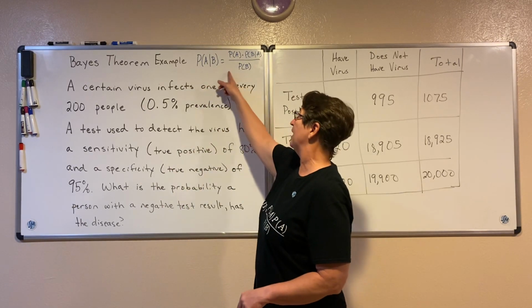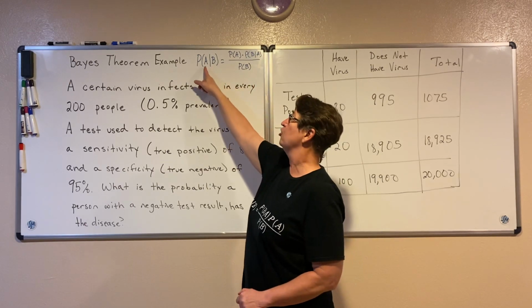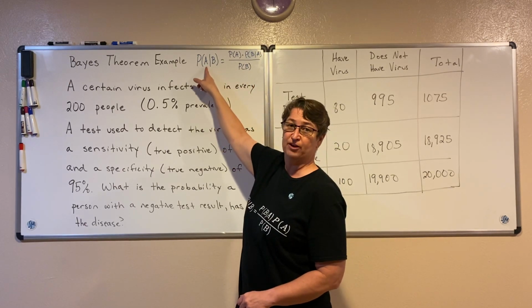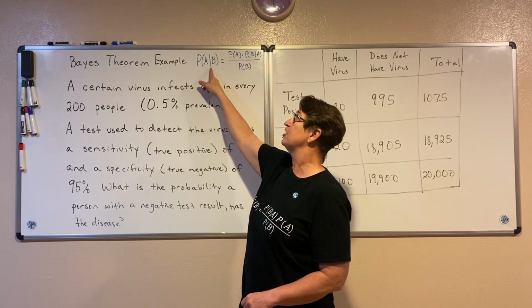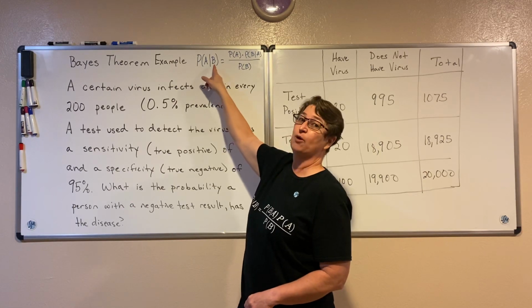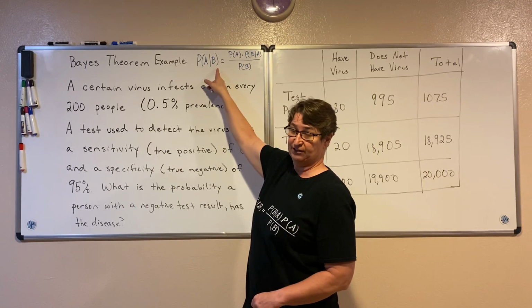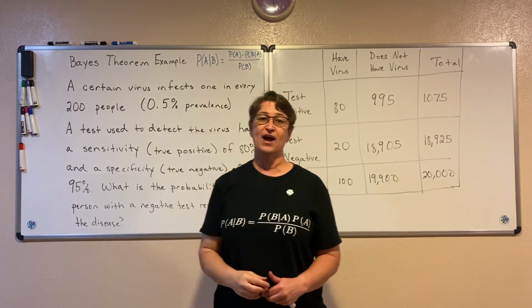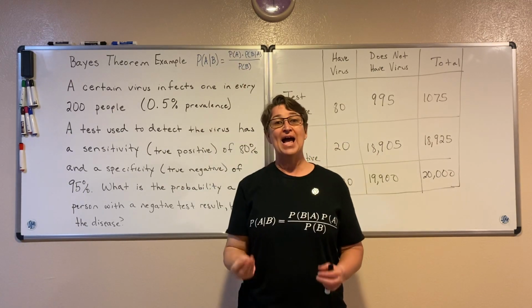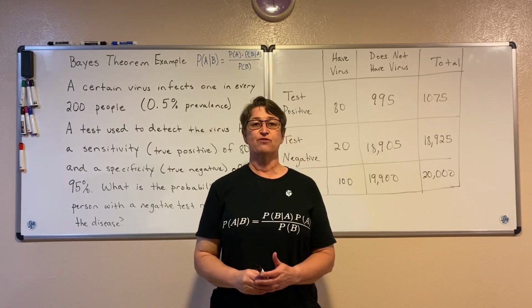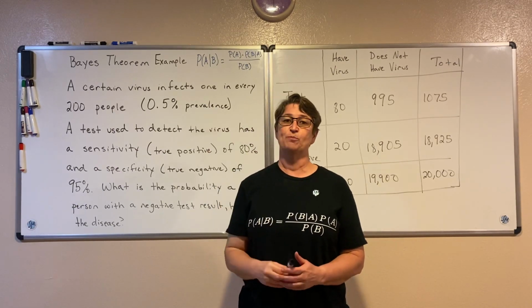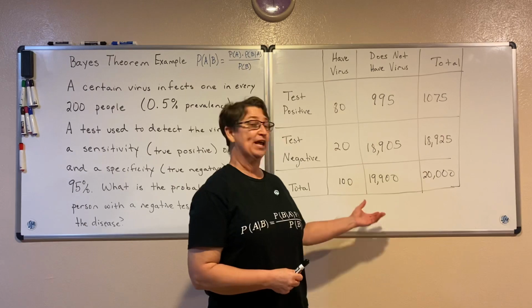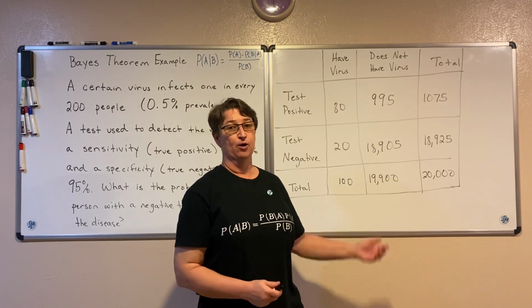That's what Bayes' theorem says: we're looking for the probability of an event, given we know the probability of another event. Now, we could use this formula to help us find that probability, but I actually find that it's easier to find the probability and use Bayes' theorem if I create a two-way table to help me out.